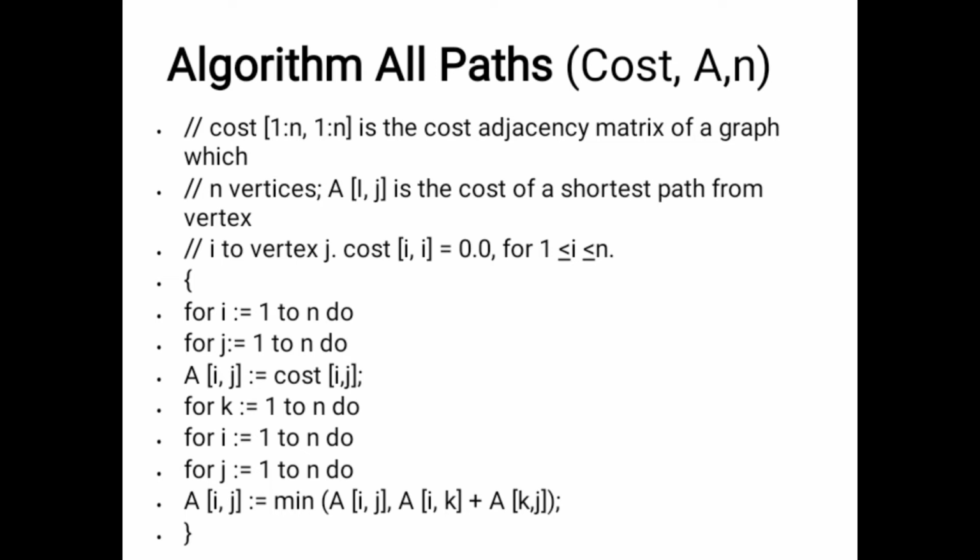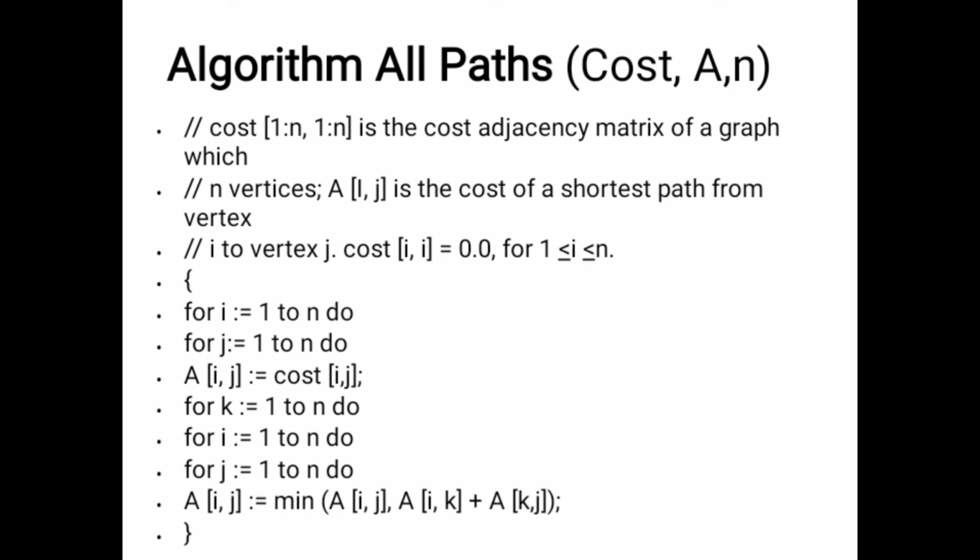Let G = (V, E) be a directed graph where V is the set of n vertices and E is the set of edges. Let cost be the cost adjacency matrix for the graph G such that cost[i][i] is equal to 0 for 1 ≤ i ≤ n. Cost[i][j] is the cost associated with the edge (i, j) if there is an edge from i to j, and cost[i][j] is equal to infinity if there is no edge from i to j.